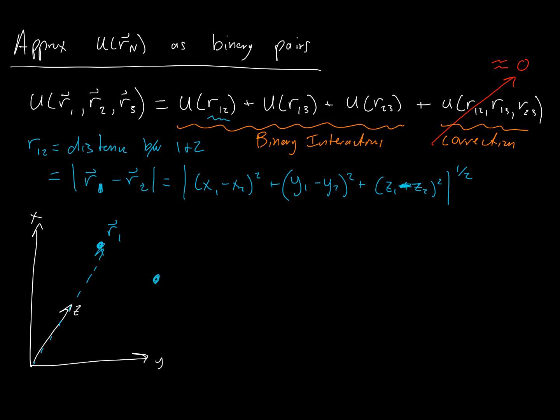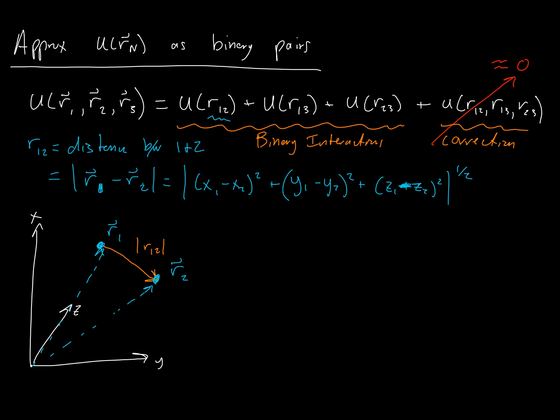You could have some position vector for particle 2. And this would be R12, the distance between the two of them. Now, the vertical lines on either side, remember, that's a magnitude. But this could also be a vector as well.